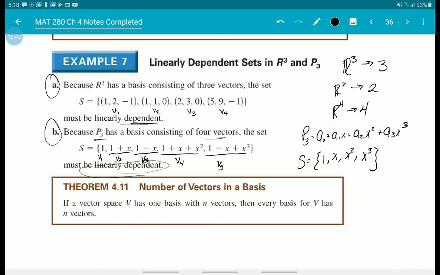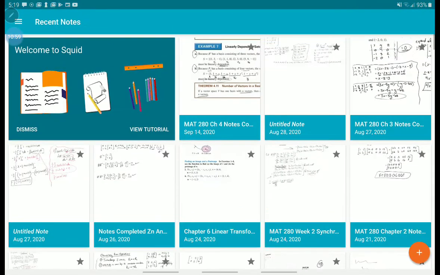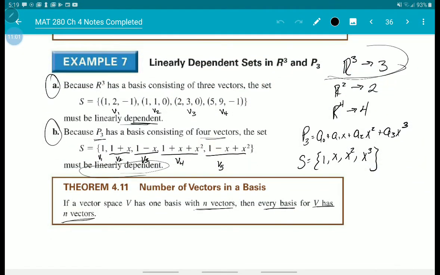Theorem 4.11 talks about how many vectors you need to form that basis. If we have a vector space V that has a basis with n vectors, then every basis for V has to have n vectors. So it goes back to what we were talking about with R3 up here. We know the standard vectors are i, j, and k for R3.